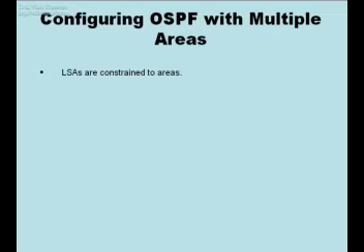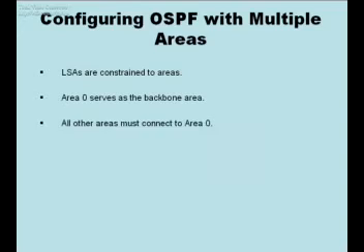And when we do have multiple areas, one area serves as the backbone area, and that backbone area must be numbered as area 0. Another restriction that we're going to illustrate in this lab is that every other area must be physically adjacent to area 0.